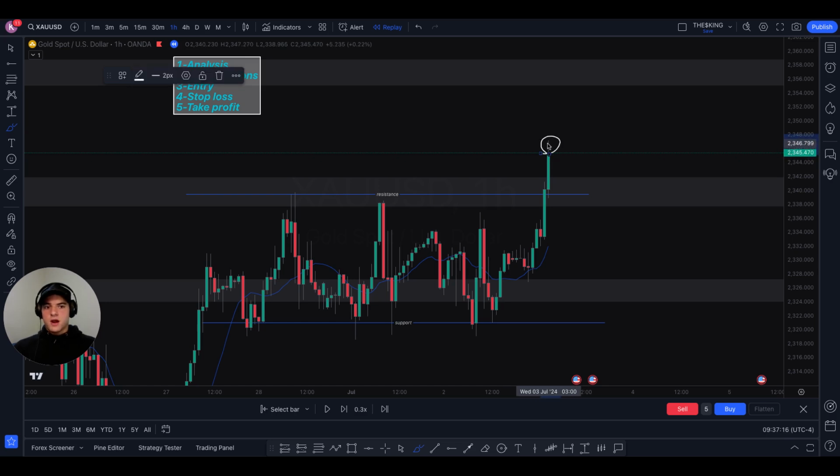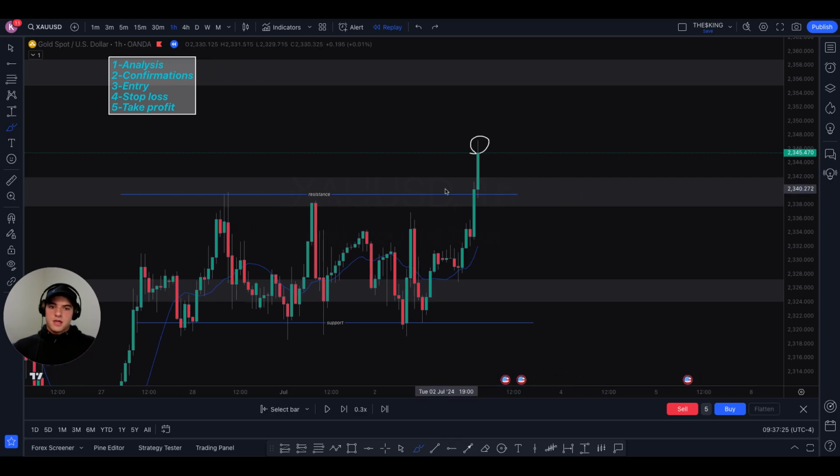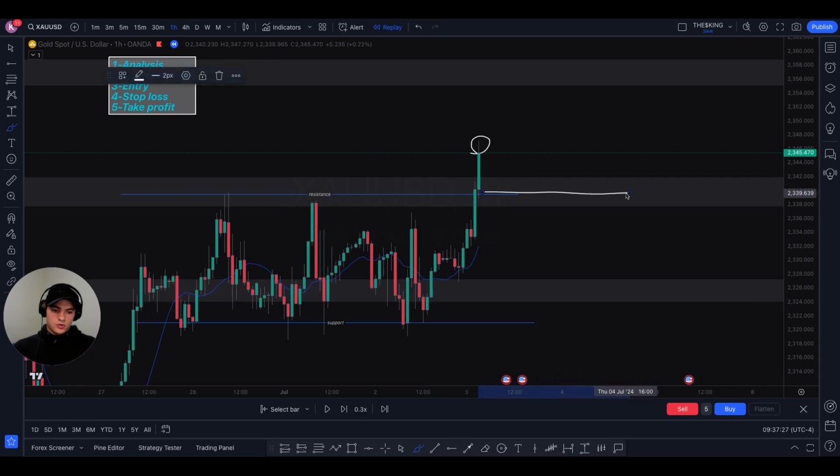Since we just made a new high, are you going to enter a trade on the high? Not really. It doesn't make sense, right? Because you have to wait for price to push down and then you enter at a low. So right now we know, hold up, this is the high of the candle. This is the low of the candle.